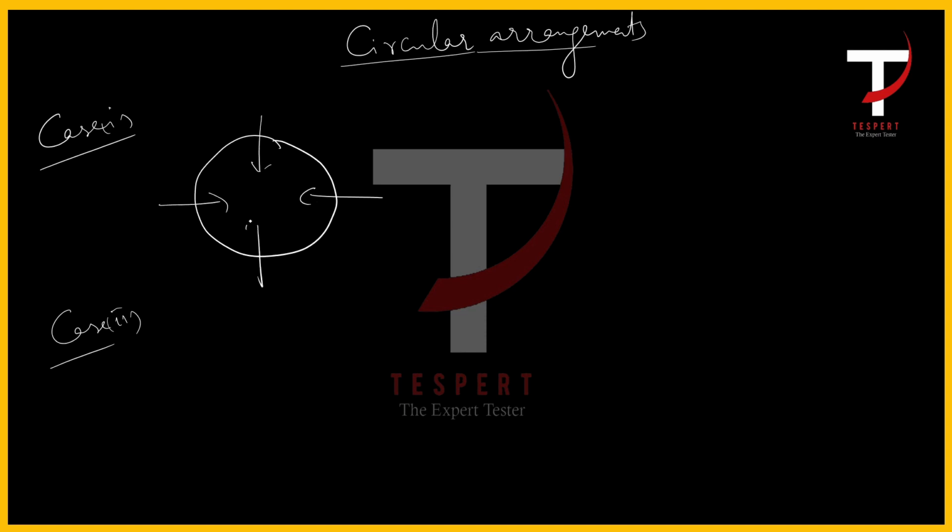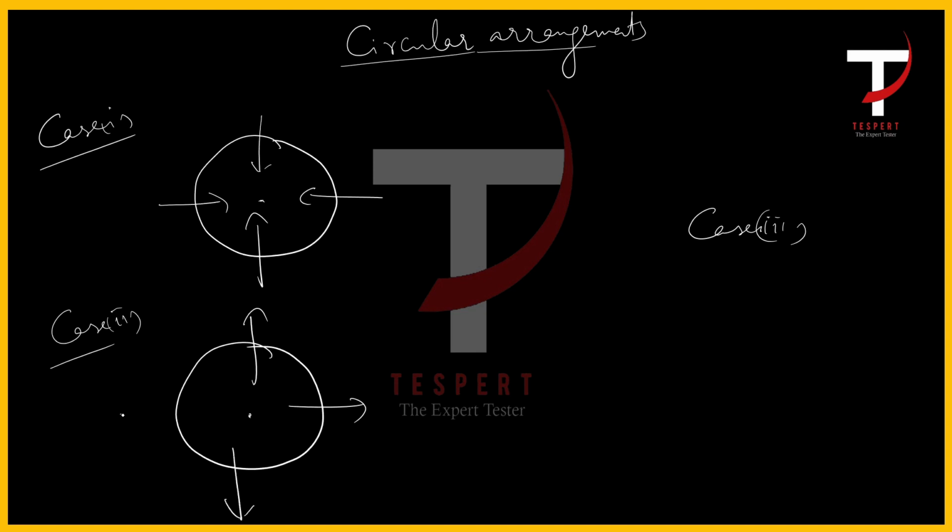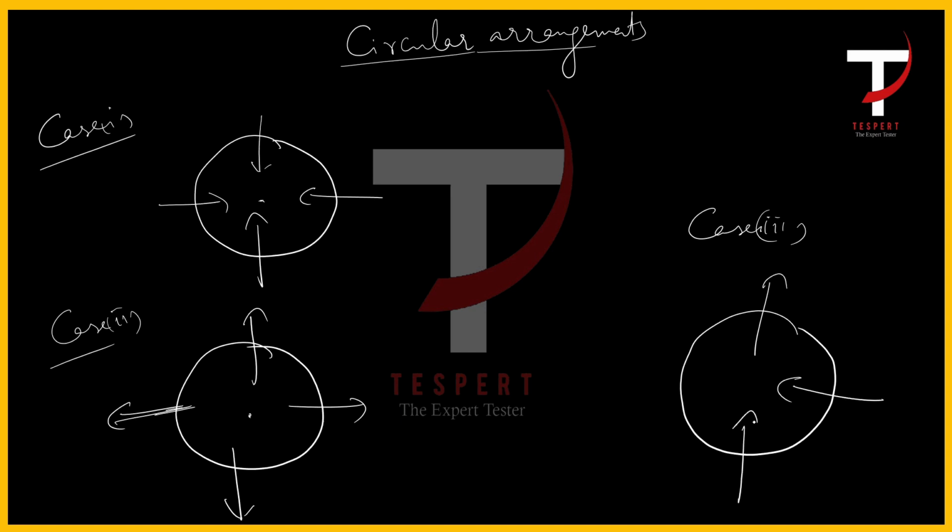We also have case 3, but we shall first discuss cases 1 and 2. In case 2, this is the center, and all the people are facing away from the center, not towards the center. Whereas case 3 is the combination of towards the center and away from the center.